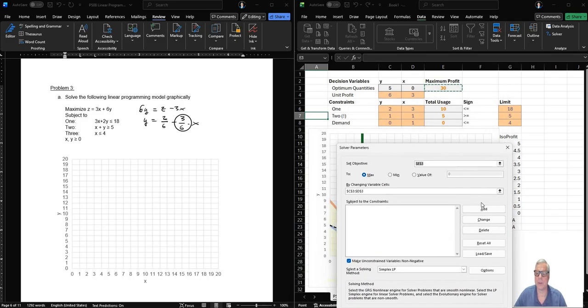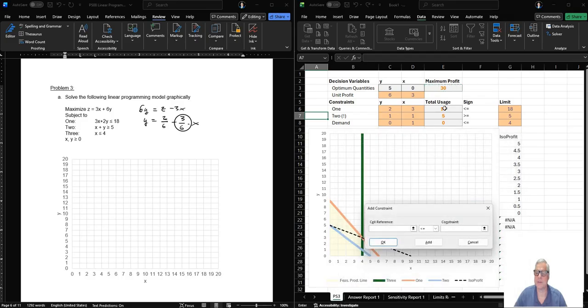Okay, so the first constraint is that the total usage has to be less than or equal to 18. Then we add, where it currently says 5, there needs to be greater or equal to the 5. We add the final one, which is total usage is less than or equal to the 4.